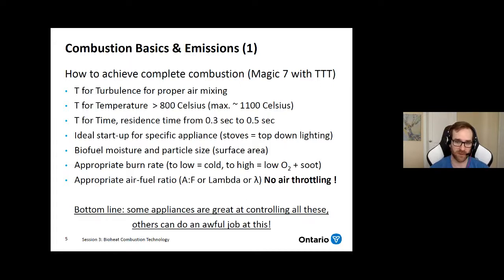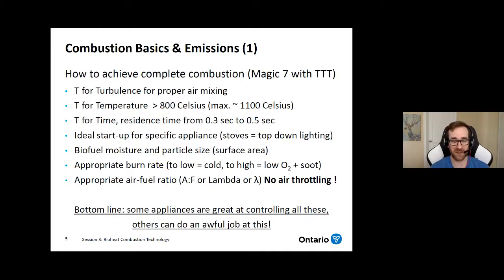There are also considerations for startup. For stoves, an example, as they've demonstrated, is that if you start your stove from the top instead of lighting the fire underneath, you have a huge impact on the startup emissions. Another thing to consider is the moisture of the biofuel you're using. For cordwood and firewood, that's the obvious thing to consider.